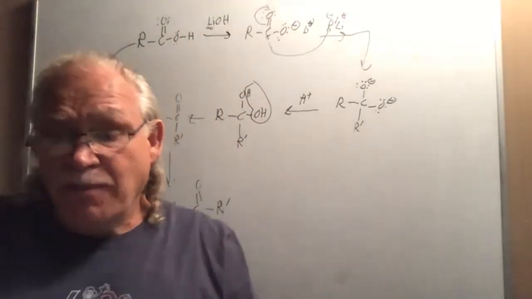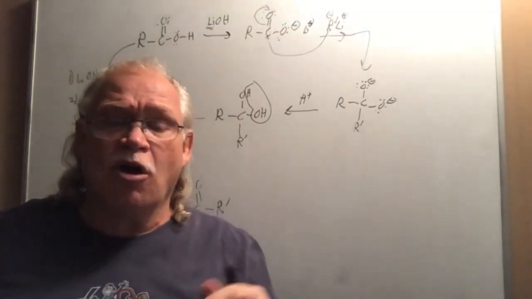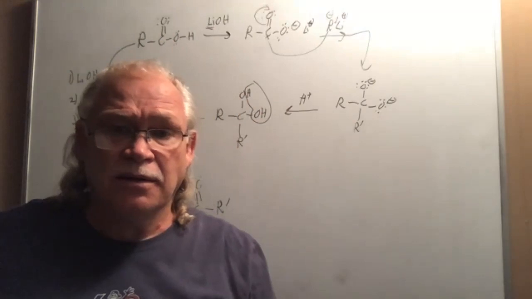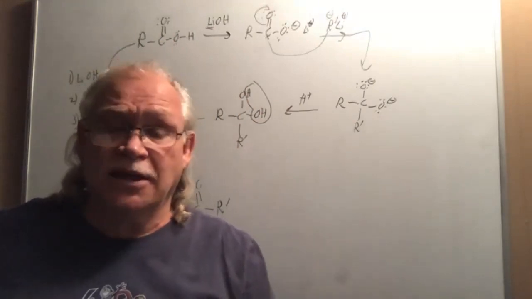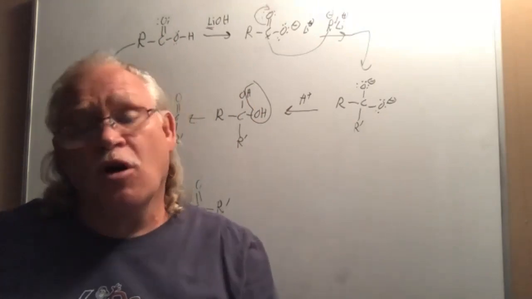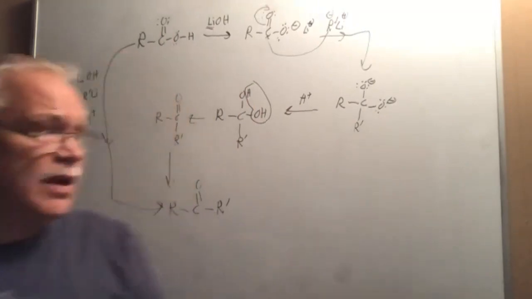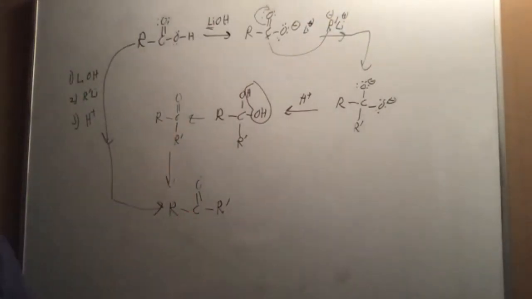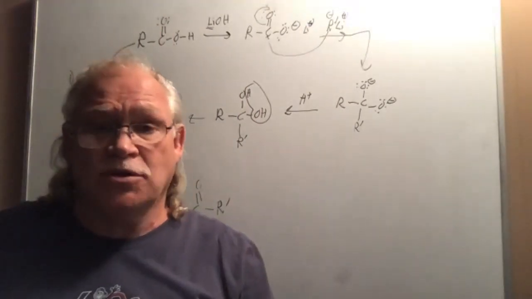Now, if we think about this, we know how to take a carboxylic acid and do lots of things with it. We know how to put a carboxylic acid group on an aromatic ring. Now we can take that same carboxylic acid and turn it into a ketone. So that gives us another route to make compounds.